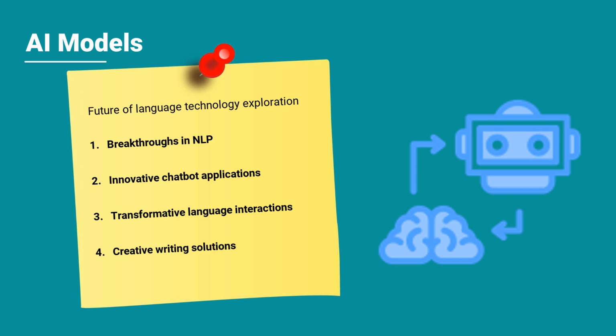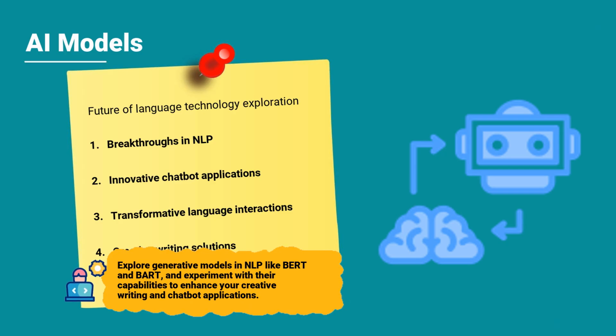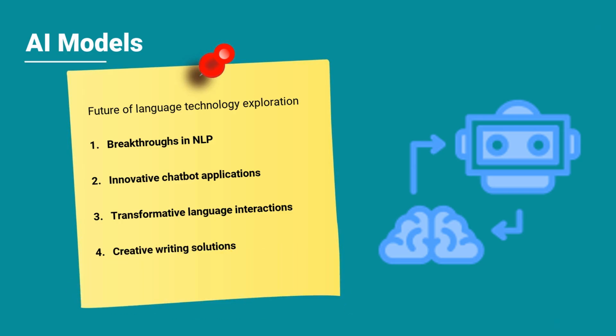The journey through generative models has truly transformed our interactions with machines, making language a domain ripe for exploration and limitless potential. So I encourage you to continue experimenting with these models, dive into the realms of NLP, and see where your creativity takes you.